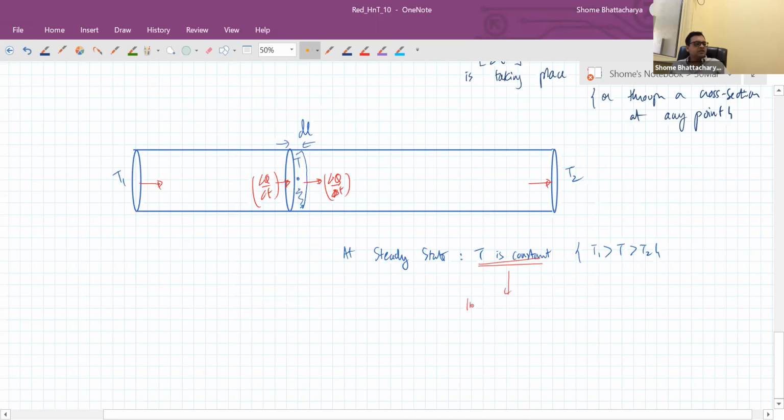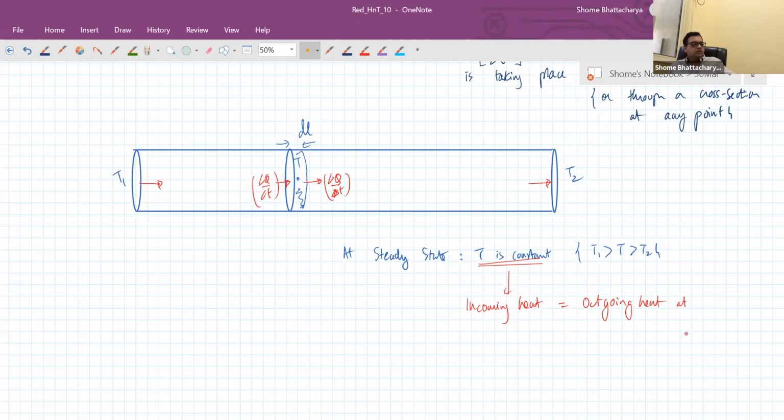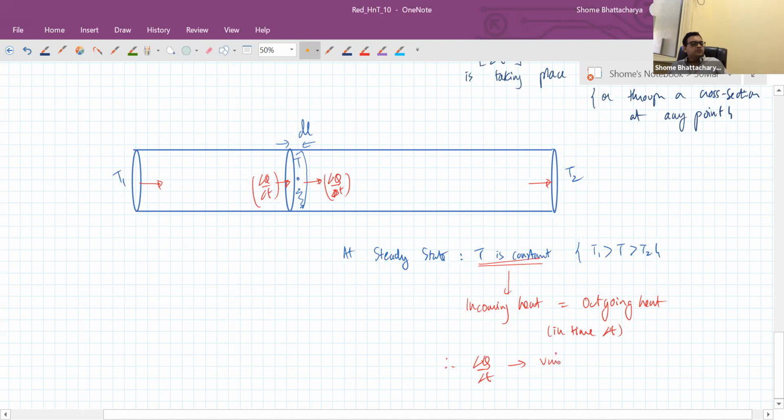That means incoming heat must be equal to outgoing heat in any time interval delta t. So that's why delta Q by delta t is uniform at all points. Okay, because from cross section to cross section, heat is flowing.